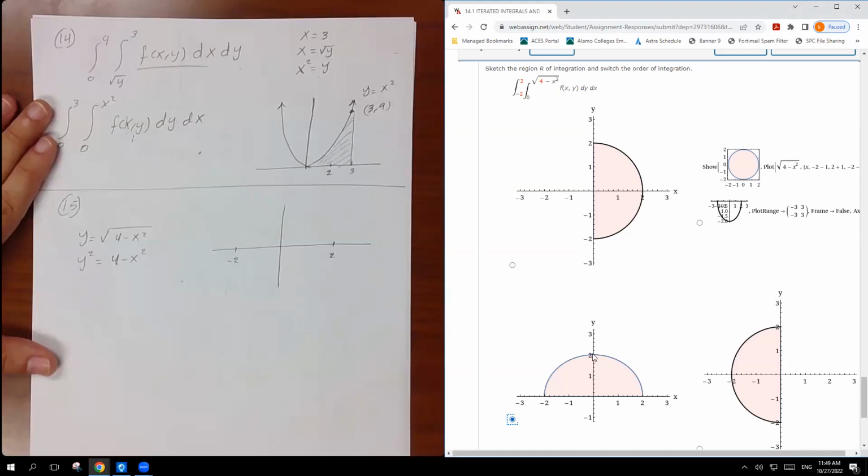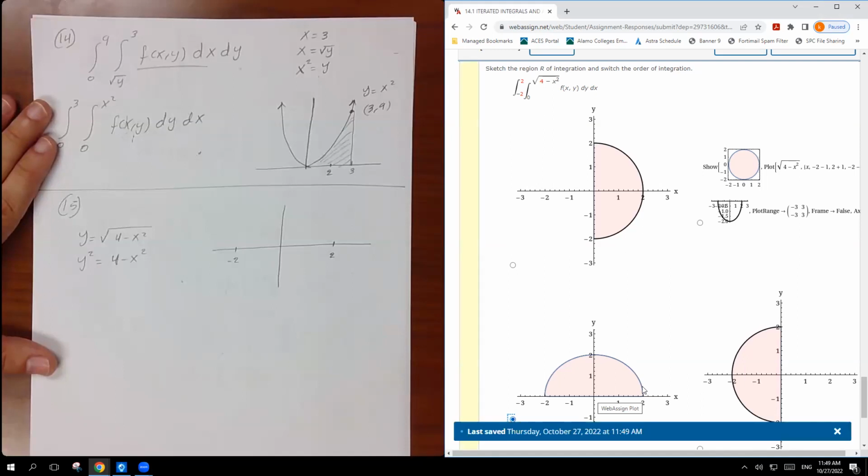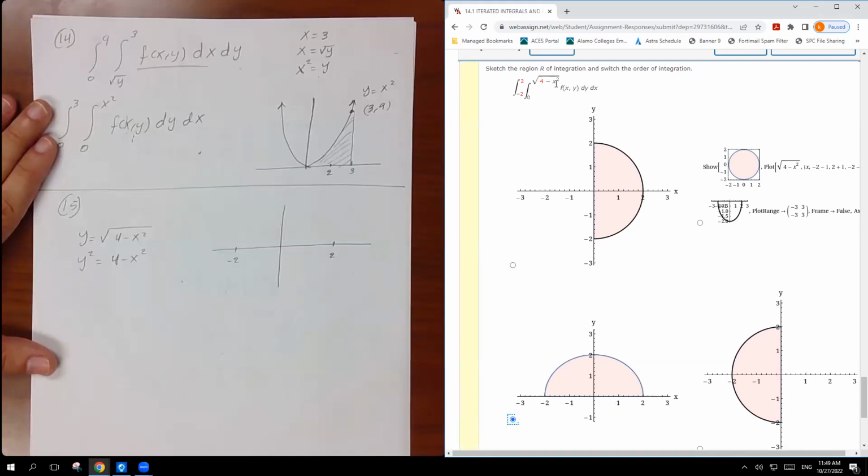From 0 to 2, which is now from 0 as a y to this curve, I can take the point because we have a curve here, which is half the circle, 4 minus x squared. It's half of this circle. This is the curve. This is our curve. So that's why we're going to choose this one.